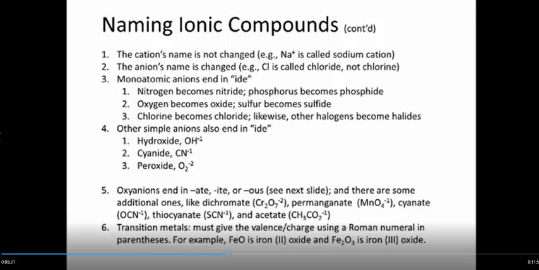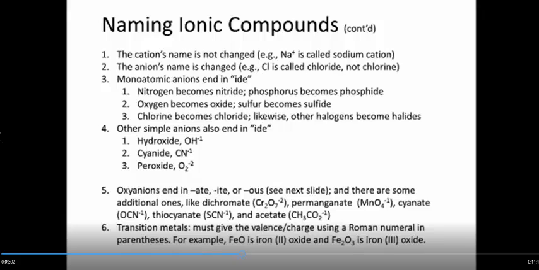Distinguish cyanide as CN-1. Thiocyanate, SCN-1. You'll learn a little trick that when you say thio something, it means you substituted a sulfur for an oxygen. So thiocyanate, SCN-1. And acetate, CH3CO2-1. Now this will look complicated, but a little later on you'll find that it's not so difficult at all for acetate.